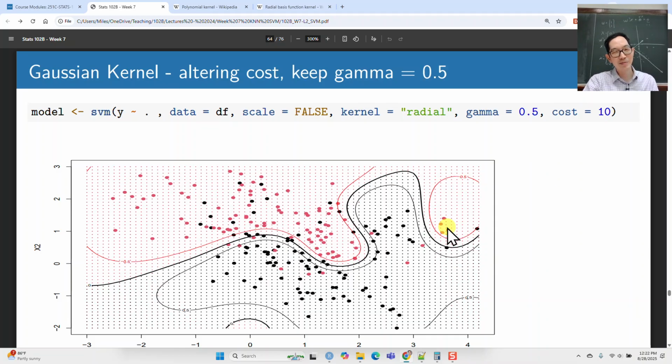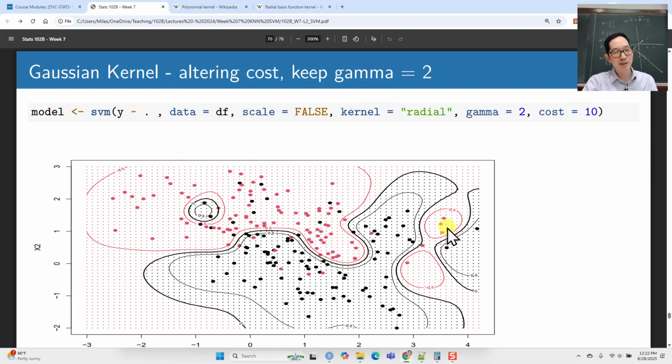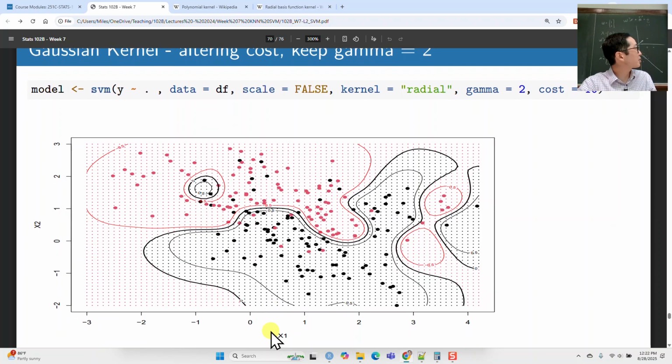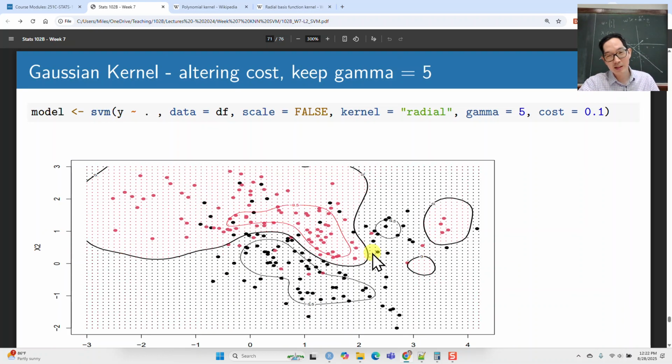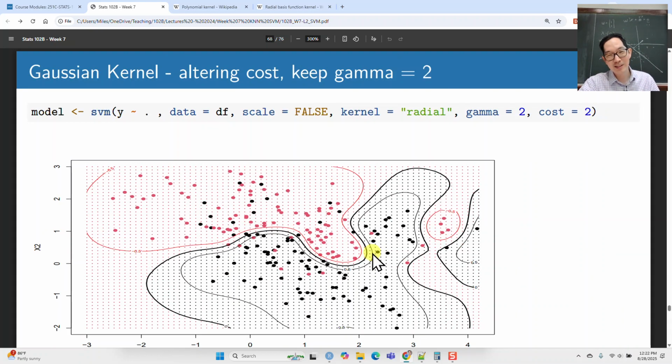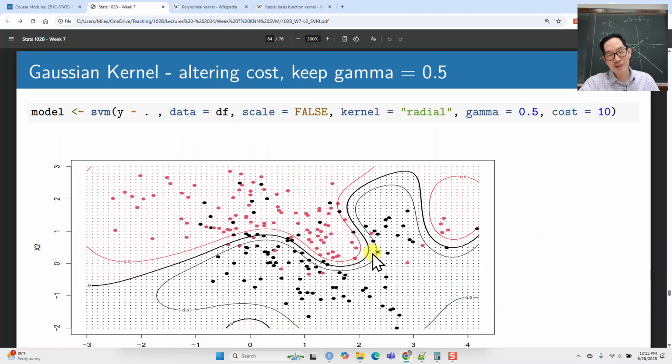So probably your own judgment. This is just fictional data, so I have no idea what x1 and x2 are. The question is, based on your understanding of the domain and whatnot, does it make sense to have a special carve out for some of these points out here?